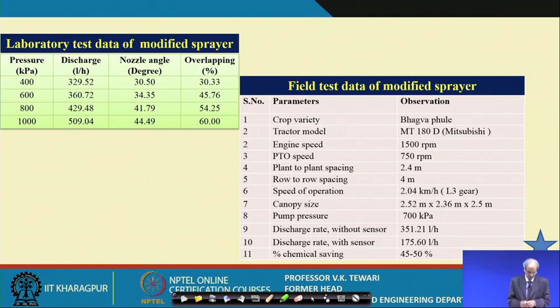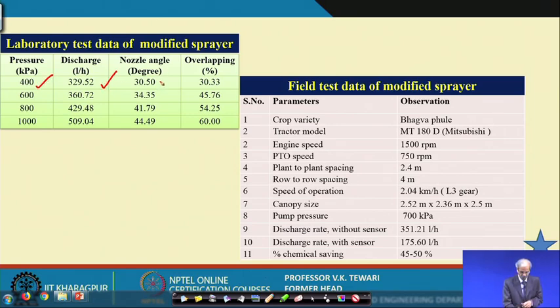See at the pressures, when we are varying the pressure, when the pressure is 400, the discharge is this, the nozzle angle is this much and the overlap is this. As you increase the pressure, the discharge is changing and the nozzle angle is also changing, and at the same time the overall overlap.